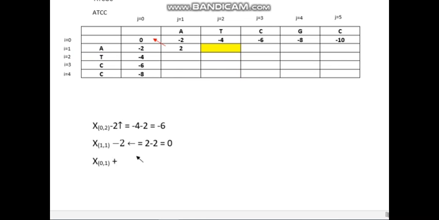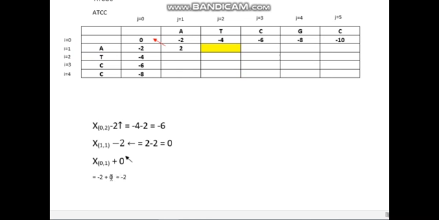Sorry for that. So this would basically be the cell at (0, 1), which is minus 2, right? So minus 2 plus 0 is equal to minus 2, right?